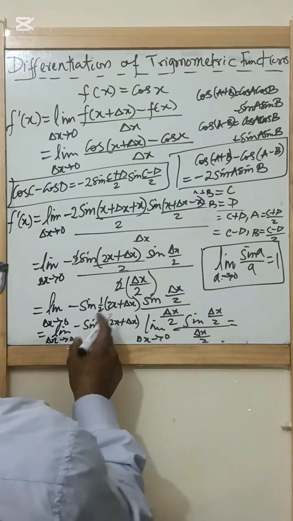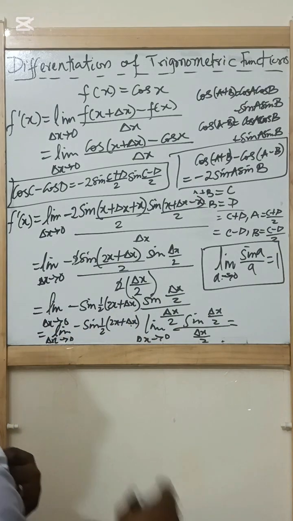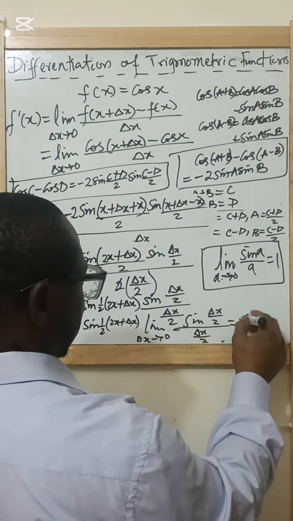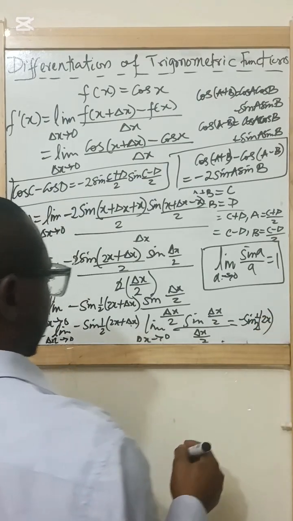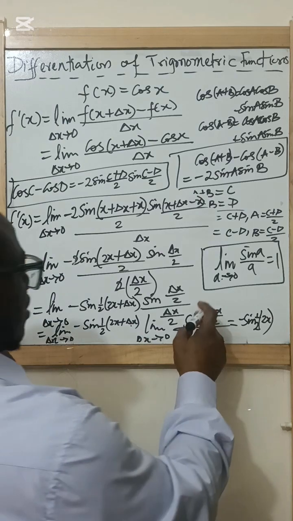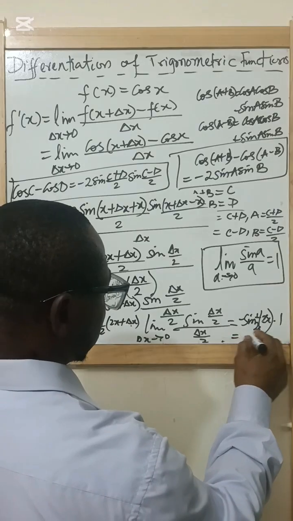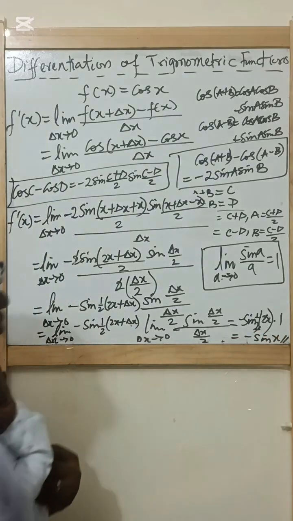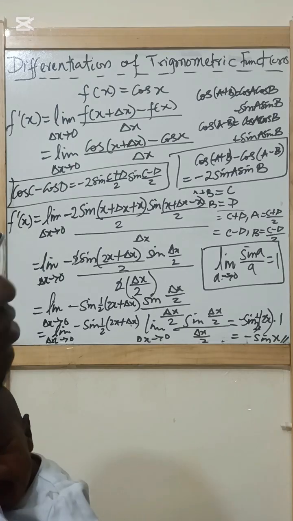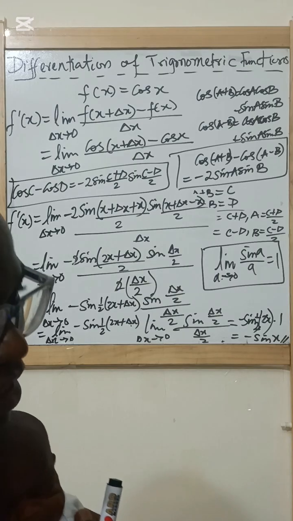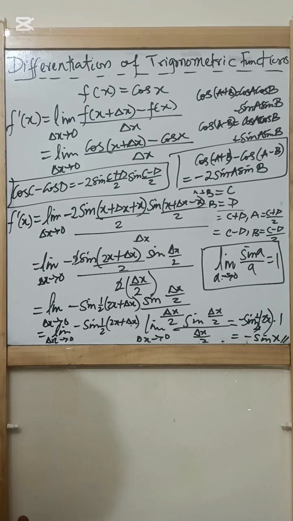So when we apply the limit on this one, we put 0 into this one, so it becomes minus sine of one half of 2x, right? This becomes 0 inside. Then this becomes 1, right? So when 2 cuts 2 here, it becomes minus sine x. So minus sine x is now the derivative of cos x. So anytime we are asked what is the derivative of cos x, it is minus sine x. Okay? So that's how we go about that.